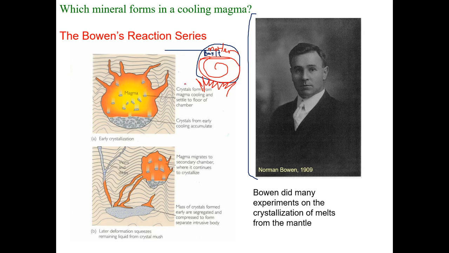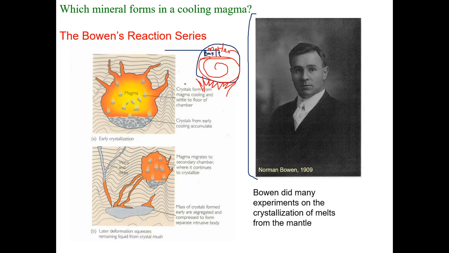Now, most of us are familiar with when something is a liquid and then it freezes and it crystallizes. We think of it as having one melting temperature, right? But actually, that's not reality with rocks. Rocks cool over a range of temperatures.